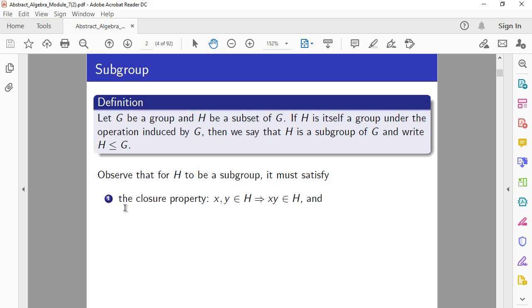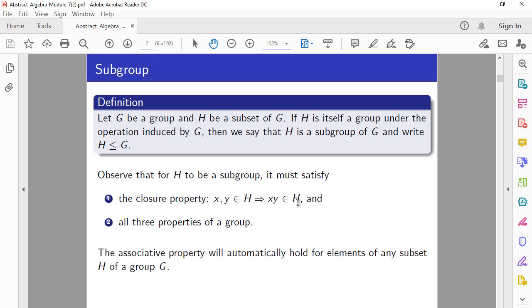That is, whenever x, y belong to H, x times y must also belong to H. And then H must satisfy all three properties of a group, which were associativity, existence of identity, and existence of inverse of each element.